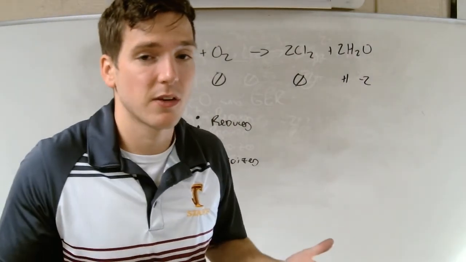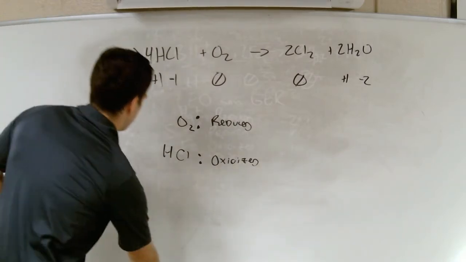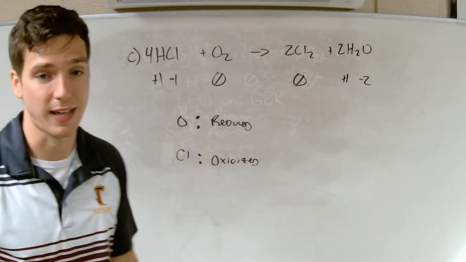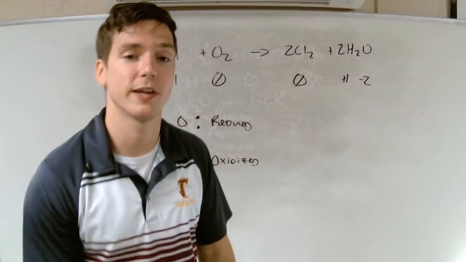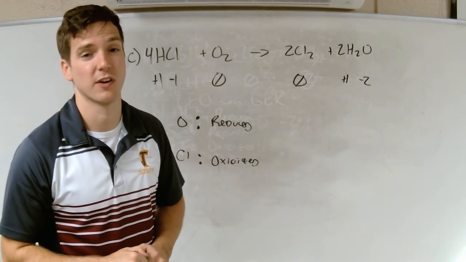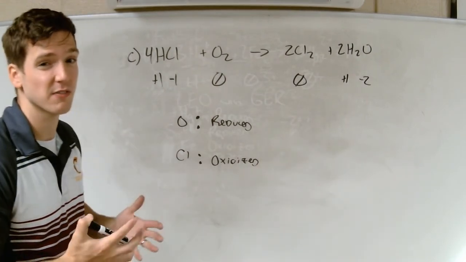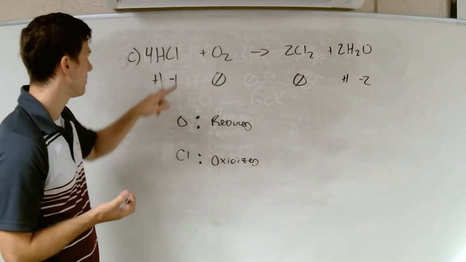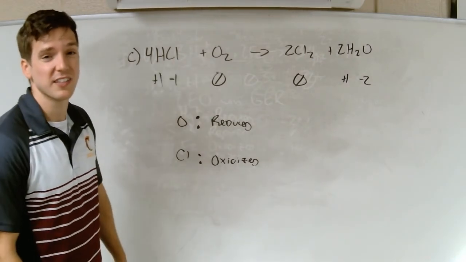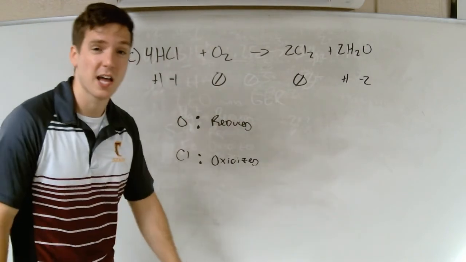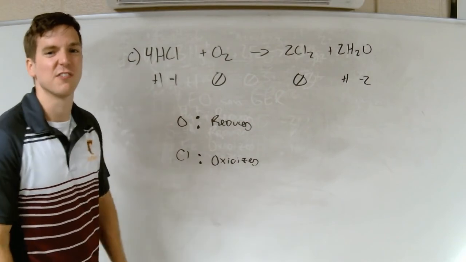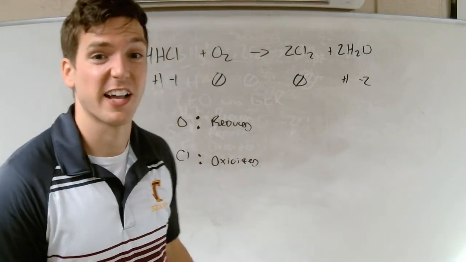For my class, and from what I've seen, it's fine if you just leave it as Cl and O in these situations, okay? I'm not going to count you wrong for it. And I've seen on the AP exam that they don't usually count people wrong for it as well. Okay, so if they specify, like, make sure to include the original reactant, then do that. But if they're just saying what species is oxidized and which is reduced, or which ion or atom is oxidized or reduced, you could just leave the individual atoms there, like oxygen and chlorine.